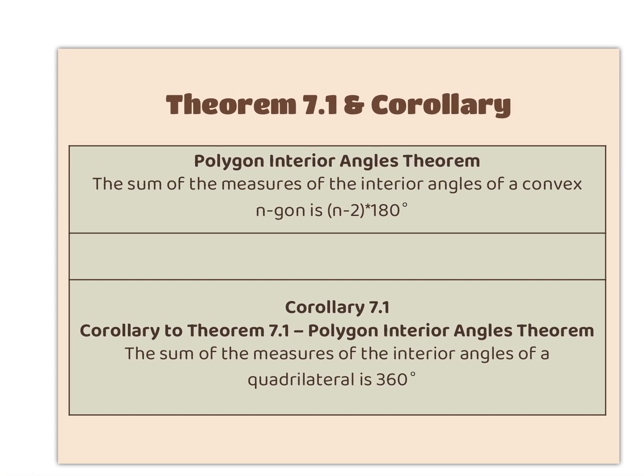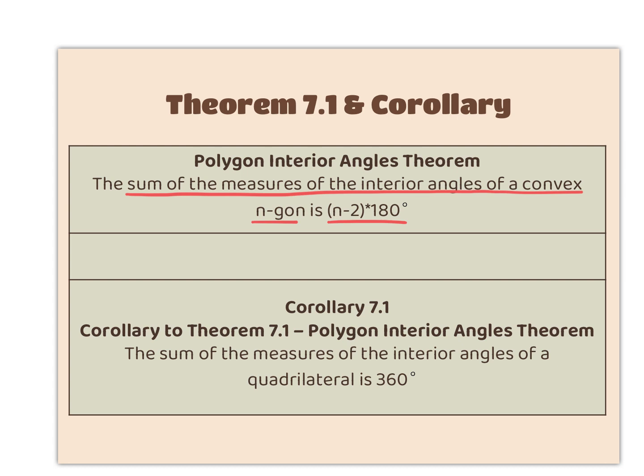So here is the theorem that tells you that. After somebody figured this pattern out, a theorem was proven over and over again, so it was created. It says the sum of the measures of the interior angles of a convex n-gon is n minus 2 times 180.